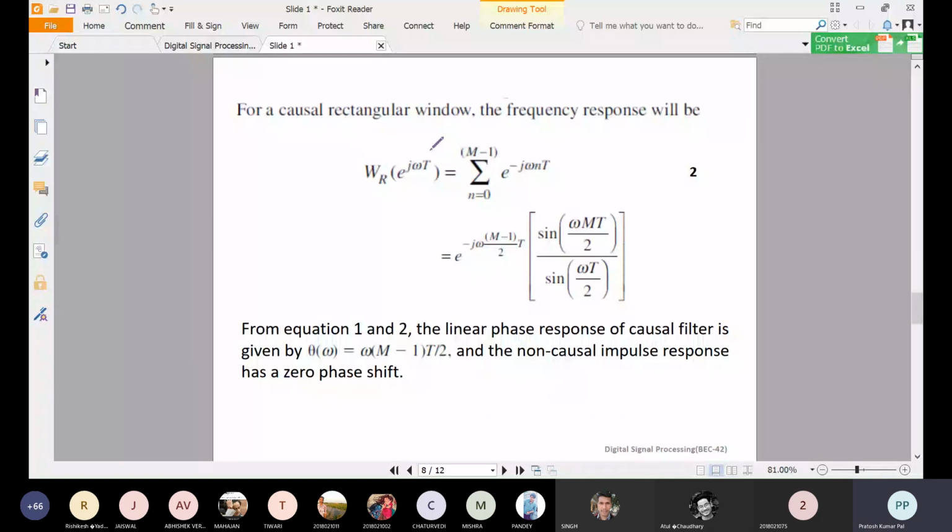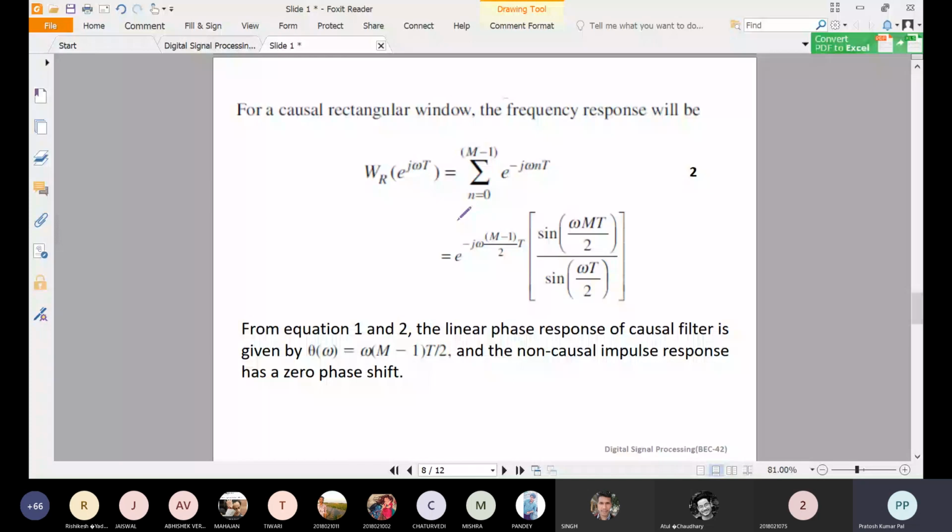So for a causal rectangular window, this was the initial frequency response equation. To make it causal, we should make sure that for n less than 0 it is 0 value, and for n greater than or equal to 0 it has a positive value.